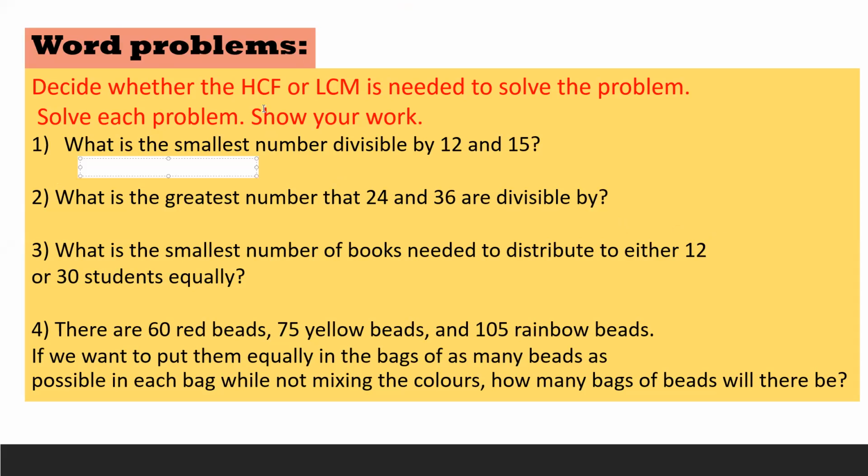The problem needs us to find what? LCM or HCF? If the question is what is the smallest number divisible by 12 and 15? So this is LCM. Very good.